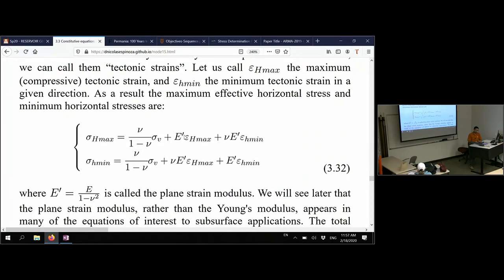And when we do that, now we're going to have the maximum horizontal stress that aligns with the maximum tectonic strain and the minimum horizontal stress that aligns with the minimum horizontal strain. And I did one more thing over here.